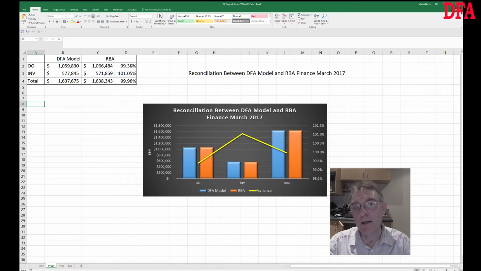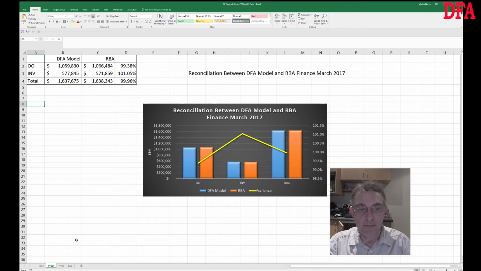The owner-occupied loans are at 99.3%, and the investment loans are reconciled at just over 101%. Totaling those up, we're at 99.96% of the total. So the model is working as expected, and is reconciling quite nicely to the RBA numbers. We run that proof each time we run the model.